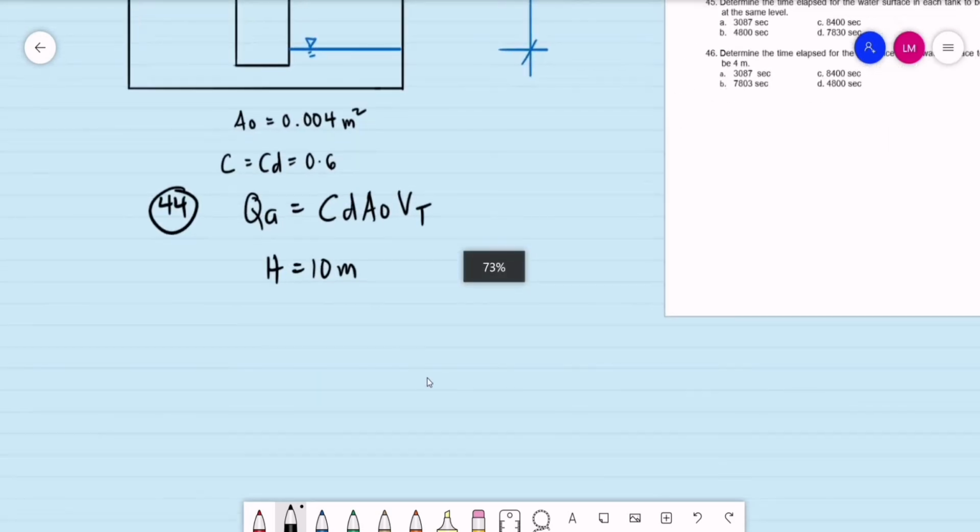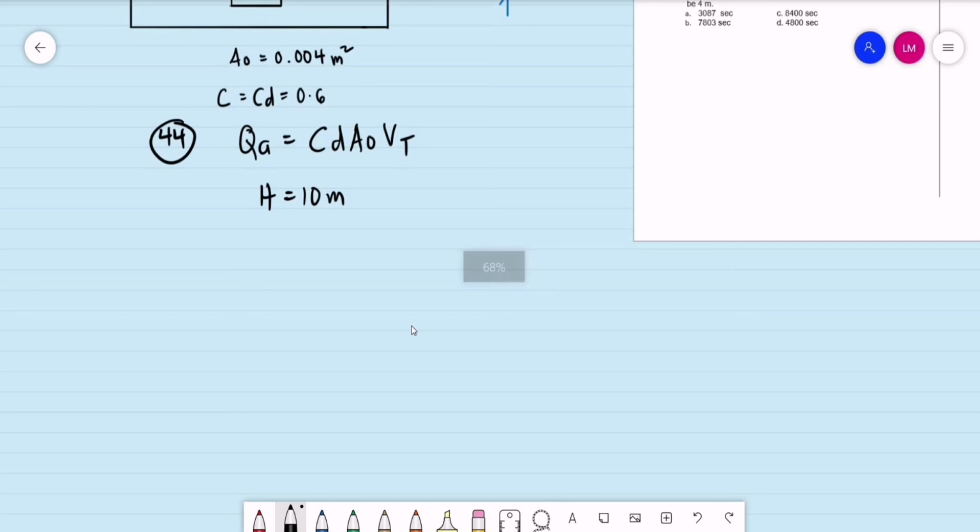Okay, so mag-substitute lang sa number 44. We have the flow rate actual is now equal to, that is 0.6, given na yung area, 0.004 square meter, then multiplied by the square root of 2 times 9.81. Okay, pagkabukas daw, immediate head is 10 meters.